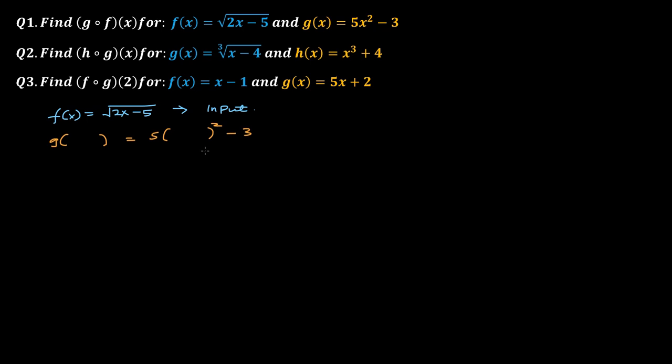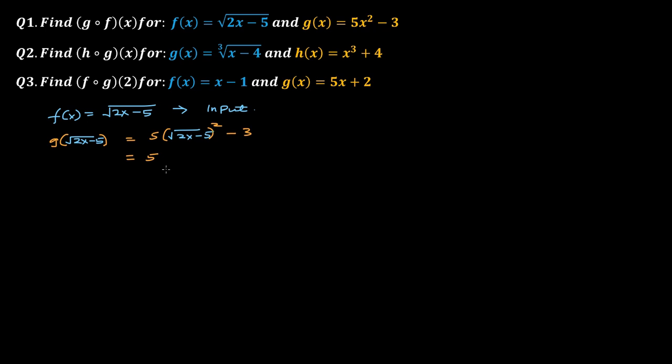This is our g of x, the outer function, which takes in the inner function, and our inner function is the square root of 2x minus 5. So all we have to do is solve the right hand side, which equals 5 times the square root squared.